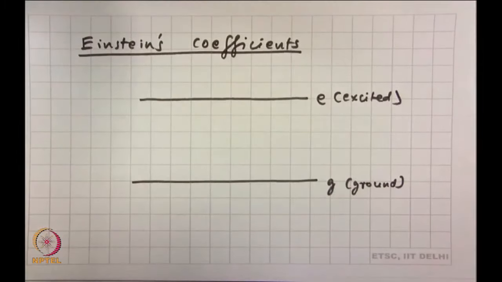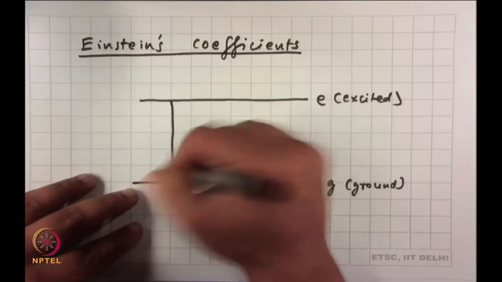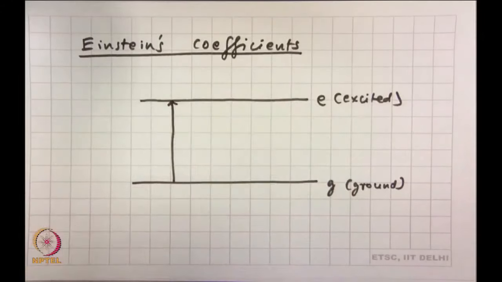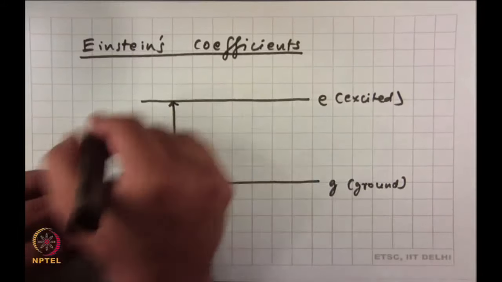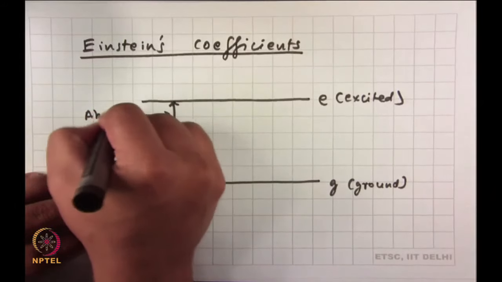Now, I will throw in some radiation, that is some energy density. The system would absorb that and move from the ground state to the excited state. So, the first process is absorption.